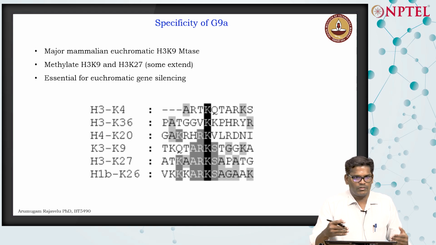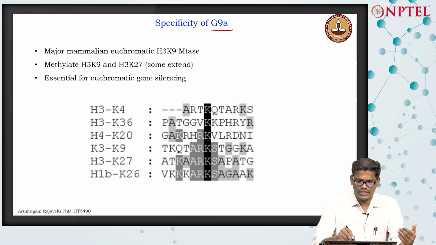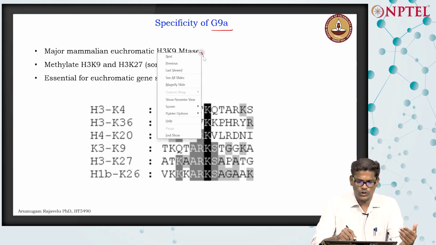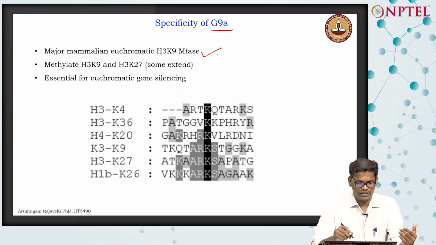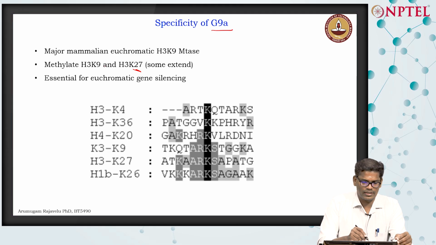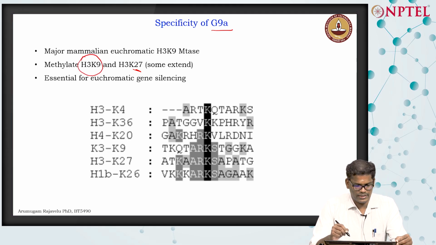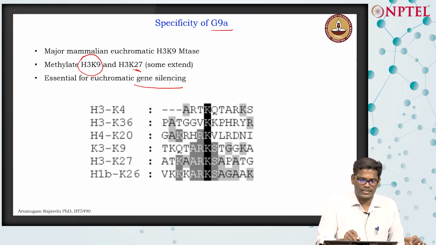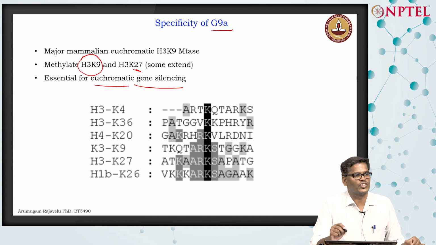Okay, so far you understood the information about G9A. It is a major euchromatic methyltransferase, right? Very rarely, in biochemistry and in vitro studies, it can methylate at H3K27, but at the cellular level it's not very clear. That means it is a strict enzyme towards K9, a histone 3 lysine 9 methyltransferase, and it's essential for gene silencing at euchromatic regions.